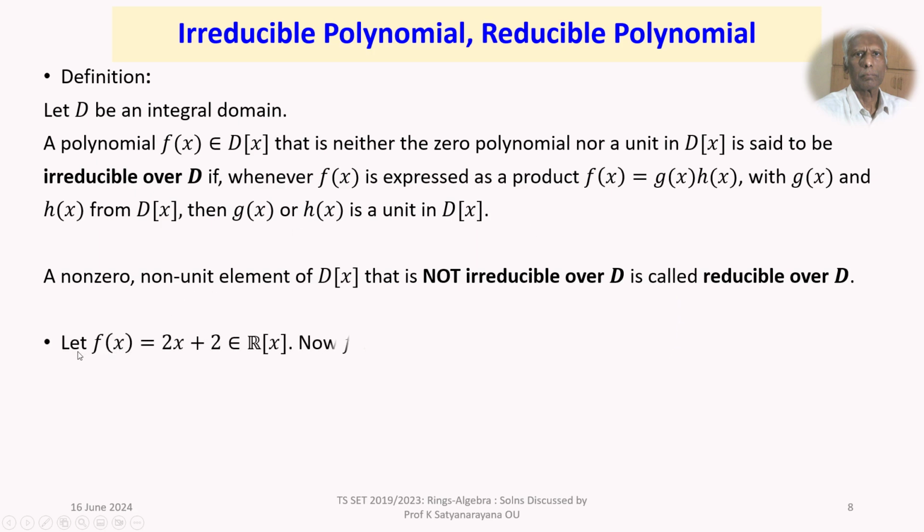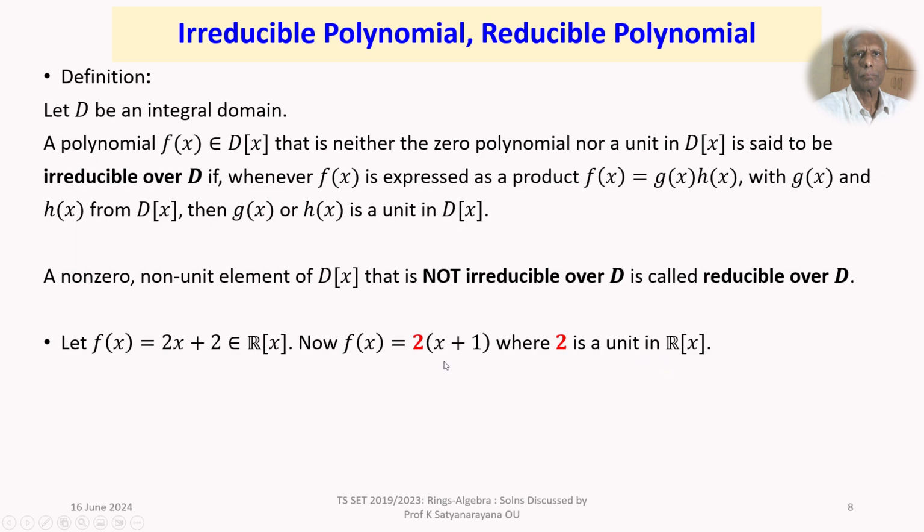Now, let us take a very simple example. Let f(x) = 2x + 2 belonging to the polynomial ring R[x], where R is the field of real numbers. Now, you see f(x) is written as 2 times (x + 1), where 2 is a unit in R[x]. 2 is invertible in R, so 2 is a unit in R[x].